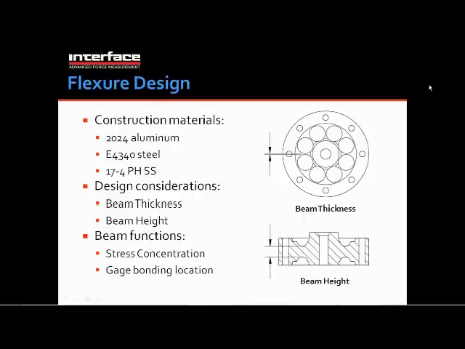On the low end of that scale, it starts around 5,000 pounds and it can go all the way up to 1 million pounds. We also specify 17.4 stainless steel, and this material is typically used for hermetic or submersible applications.